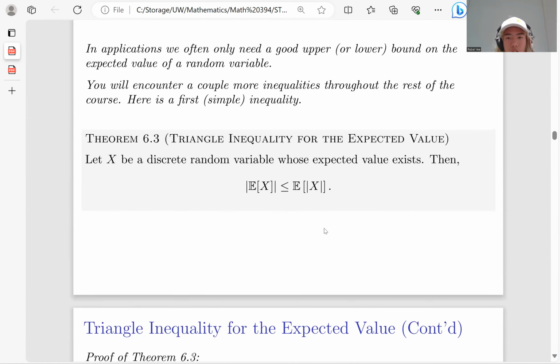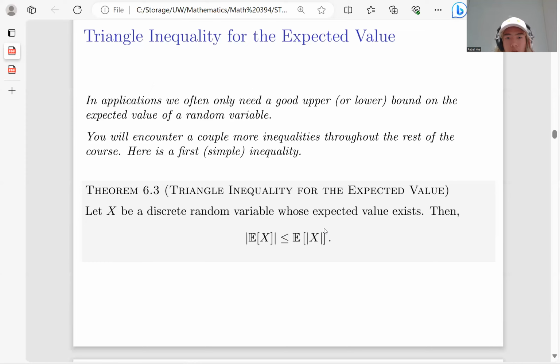So the first and the simplest formula for estimation is the triangle inequality for the expected value. It's written in this form: the absolute value of the expected value is smaller or equal to the expected value of the absolute value. Okay, this looks very obvious, because if every realization is in absolute form, it's adding every positive term.